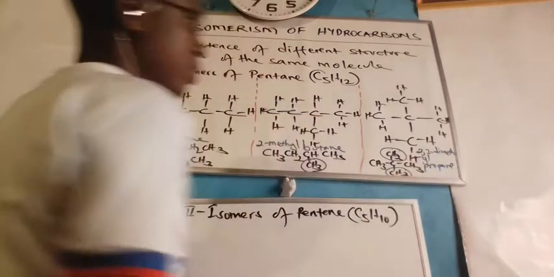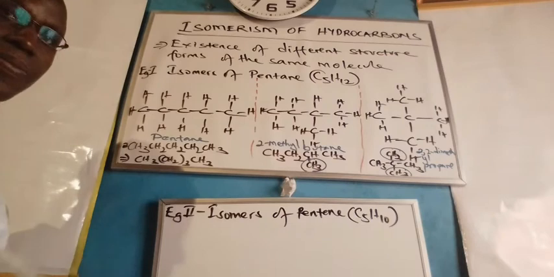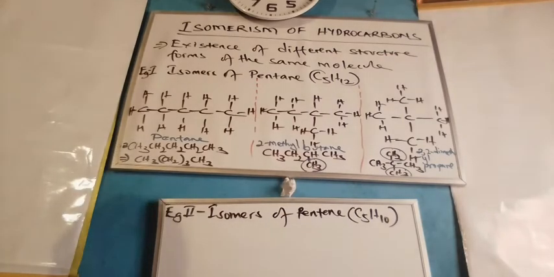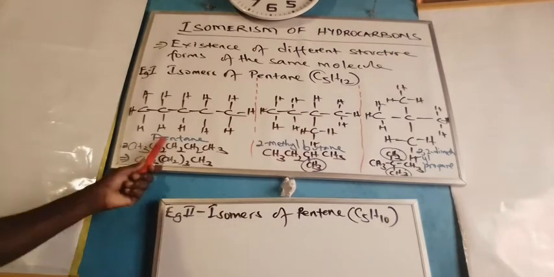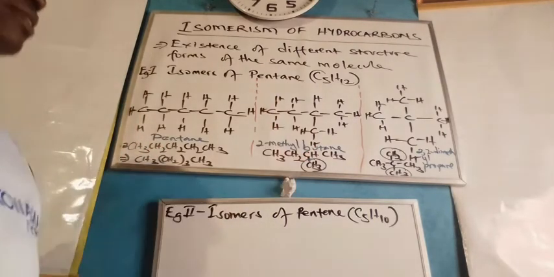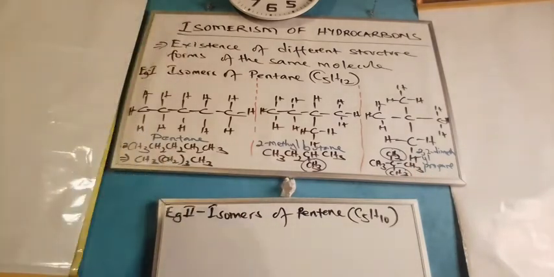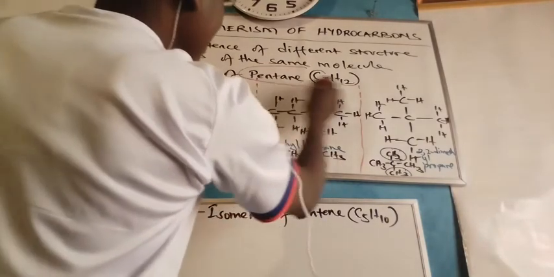Now 2,2 refers to the position of the hanging species, di means that there are 2 hanging species, and methyl means that the hanging species is a methyl group, and propane means that there is a chain of 3 carbons in a row. So therefore, we can agree and say that the pentane displayed structure, 2-methylbutane displayed structure, and 2,2-dimethylpropane are structural isomers of the same molecule known as pentane.